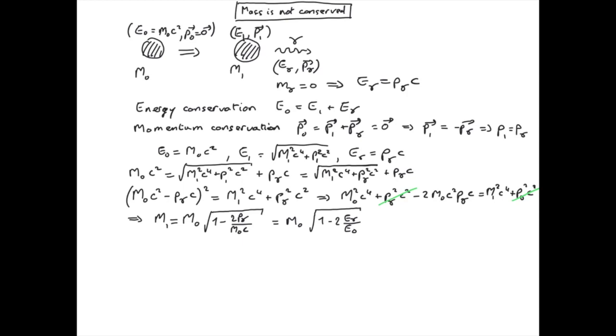Even if we consider the energy of the photon to be much smaller than the mass energy of the atom, we get an equation using a Taylor expansion, which gives M1 approximately equal to M0 times 1 minus E gamma over E0.